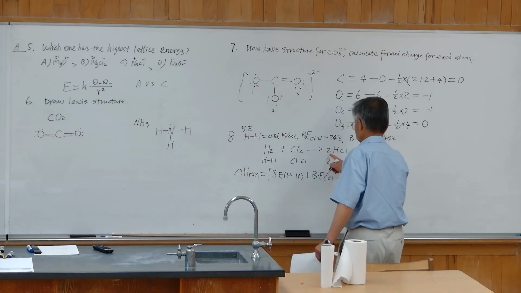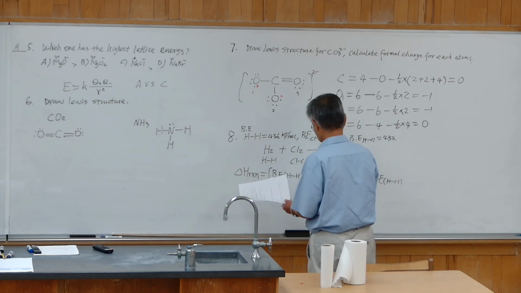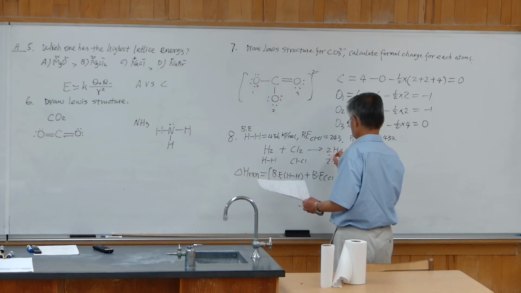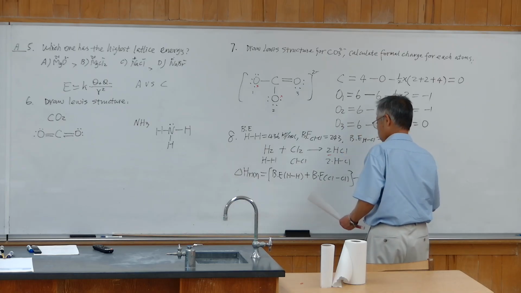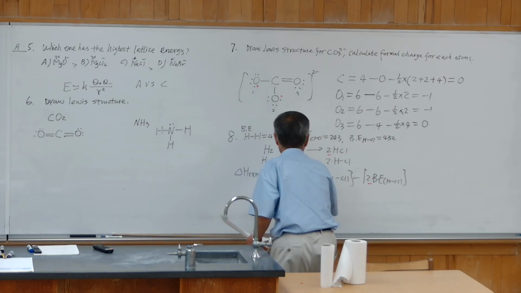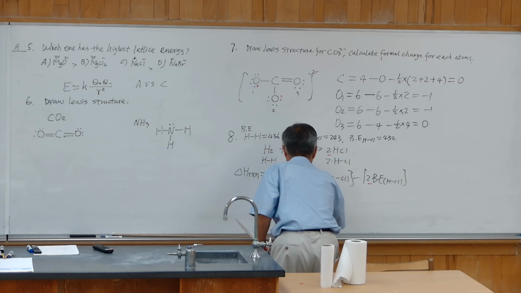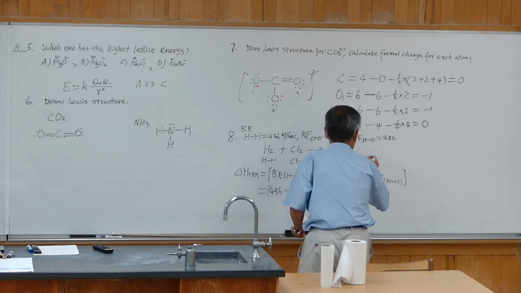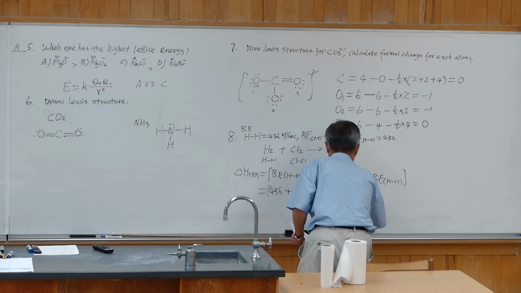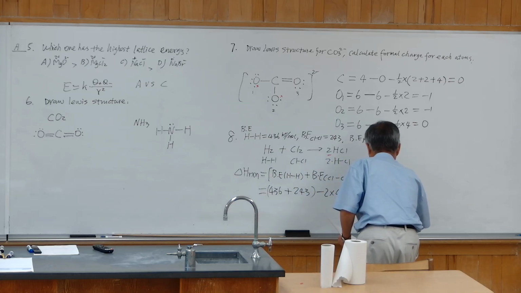Be careful, you have 2 moles, so the bond energy of hydrogen chloride times 2, because there are 2 moles there. Then you just plug in the numbers. So the hydrogen bond is 436, chlorine bond 243, minus 2 times the hydrogen-chlorine bond 432. Use your calculator, you can easily get -185.